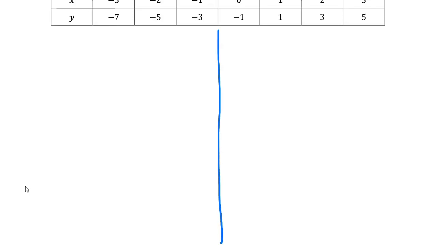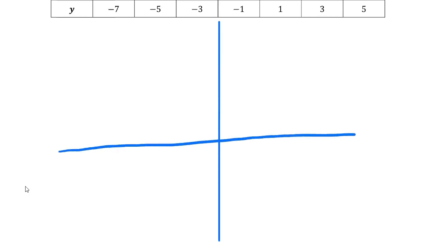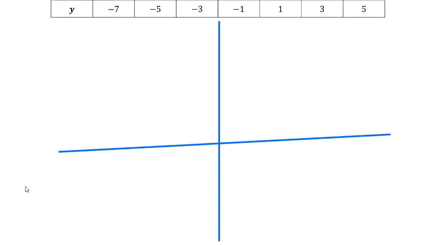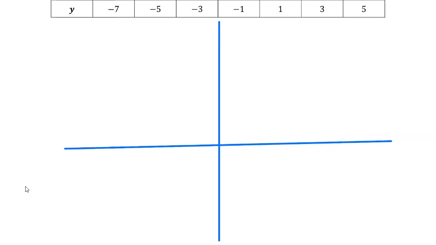I'm not doing a good job with straight lines today, am I? It's much easier if you can use a ruler, which of course you all can in your books. I'm really struggling. There we go, that's a bit better. There. Y, X.